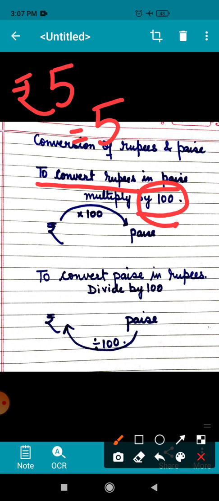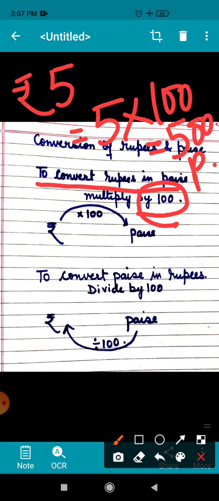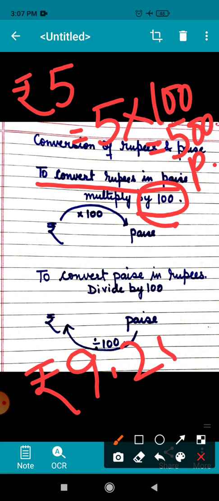You will multiply this by 100 and you will get 500 paisa. Okay, suppose rupees and paisa are written together, and you have to convert this into paisa, then what you will do? You will simply remove this dot. So the answer will be 925 paisa.